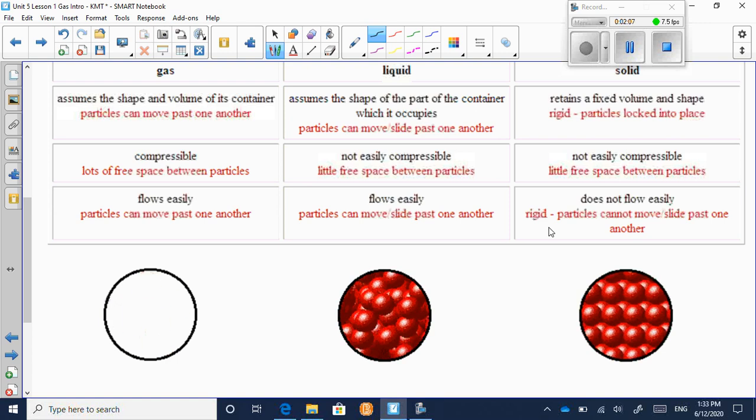Here's the idea of what gas molecules would look like. Here's liquid molecules. And I don't know if you can see it, but these solid molecules are basically just moving a little bit. So this is a nice little summary of the states of matter: gases, liquids, and solids.